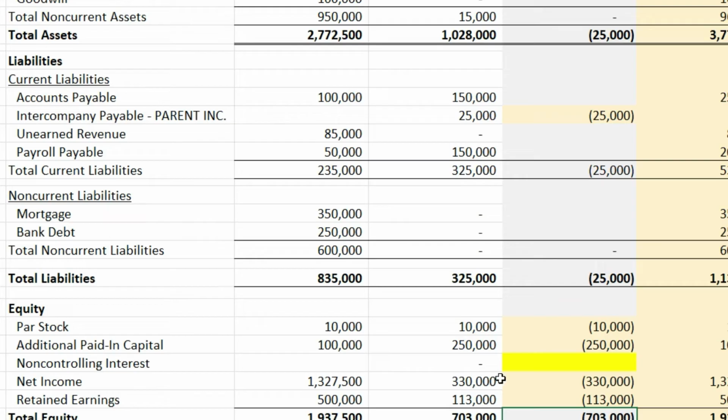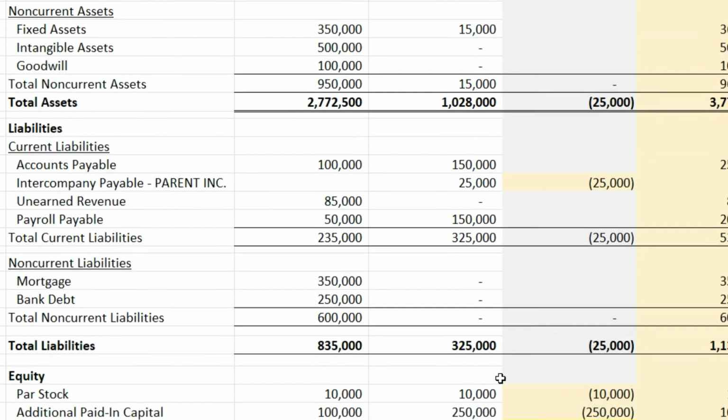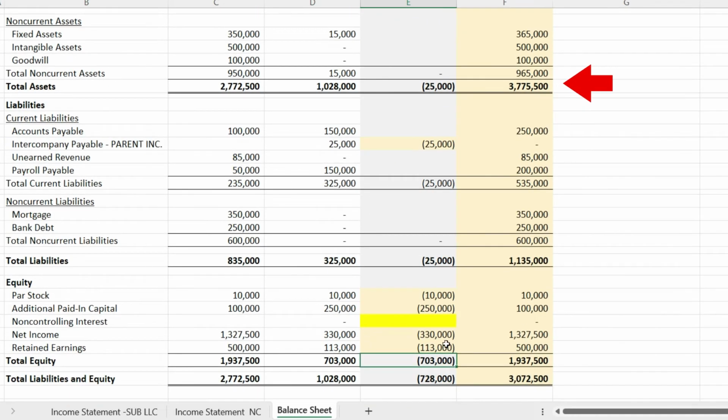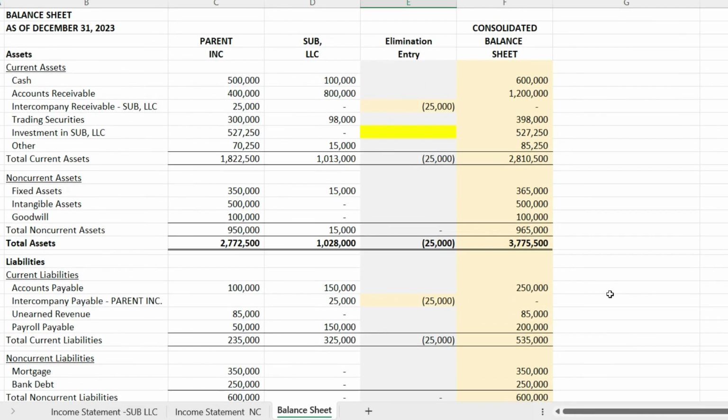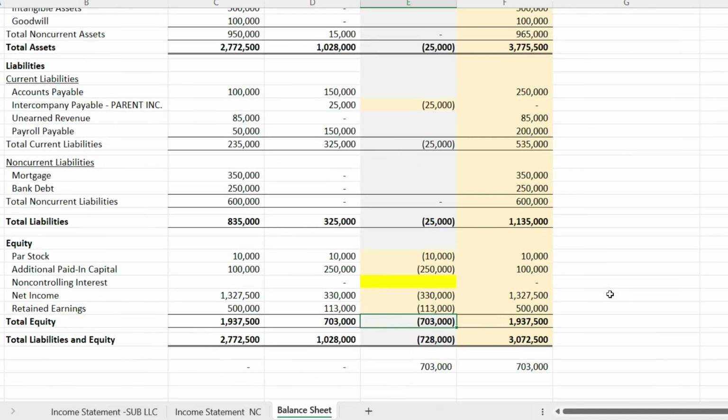Okay, so you'll notice I don't balance right now, primarily because I haven't eliminated the investment in subsidiary, but you'll notice even when I eliminate the investment in subsidiary of sub LLC, I'm still not going to balance because I need to layer in this concept of non-controlling interest in the equity section.